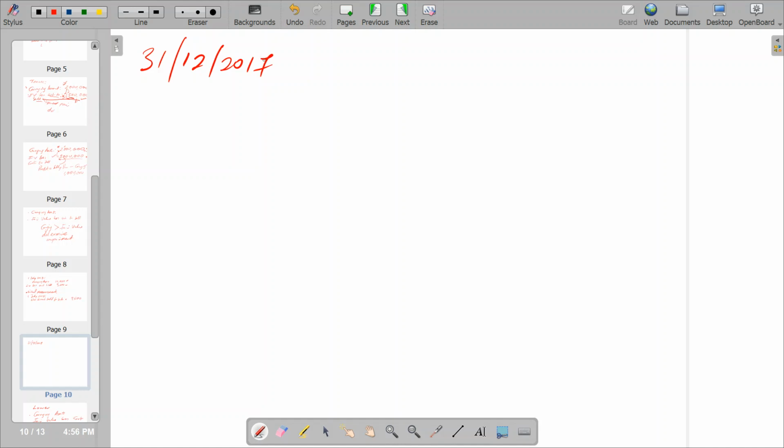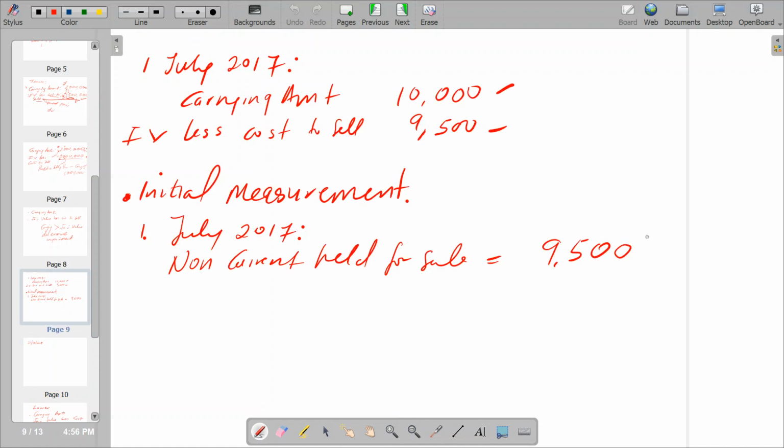But it is the end of the year, so we need to report on the asset even though we have not sold it. So the question is, what value should we use? Are we going to maintain this same 9,500, or what are we going to do?